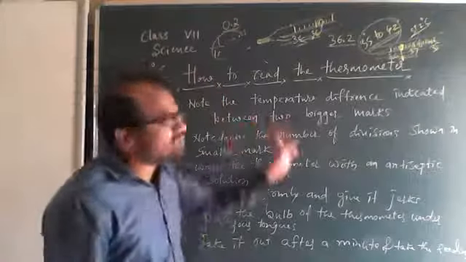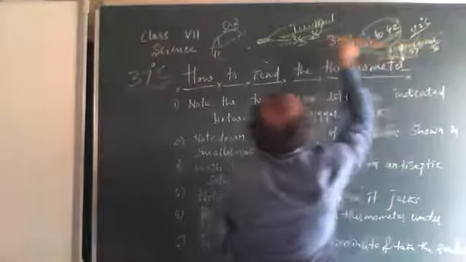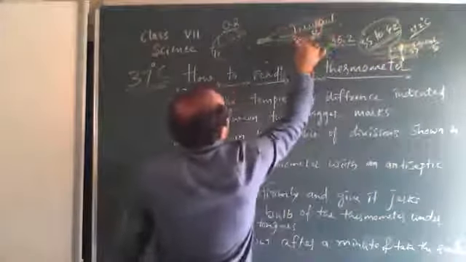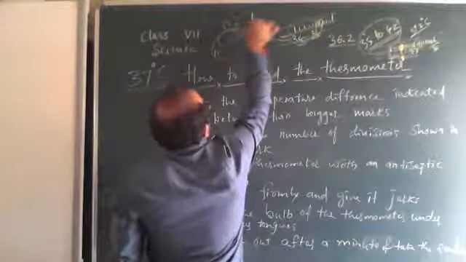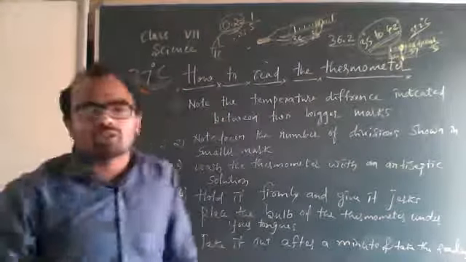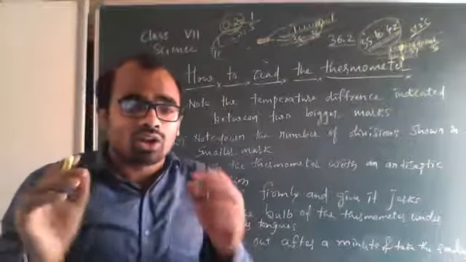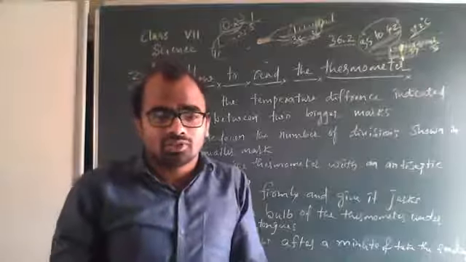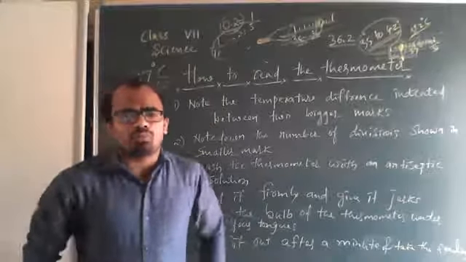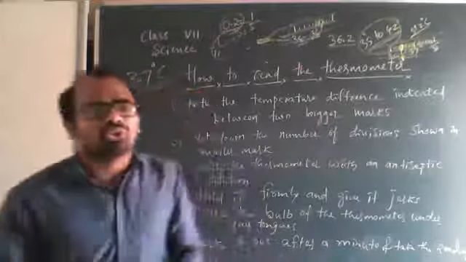If there are 5 small divisions, the bigger mark is 1, so 1 by 5 is equal to 0.2. So we have considered 0.2 like that. I hope you all are clear with this concept. Most of the clinical thermometers have a difference of 1 only, so no need to worry about that.